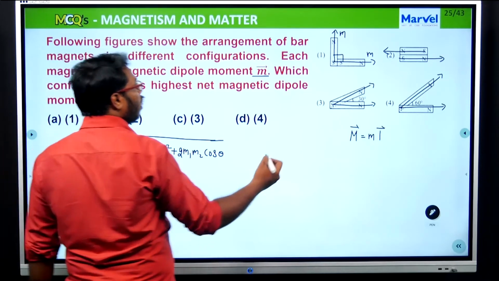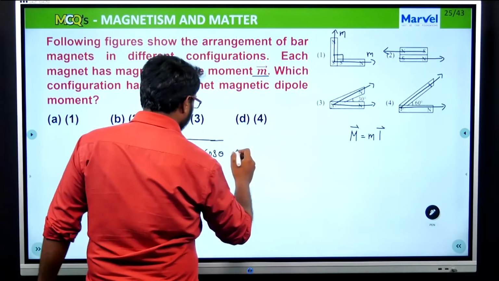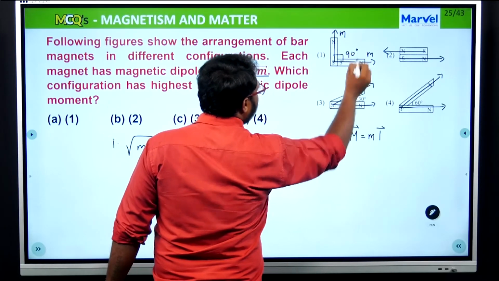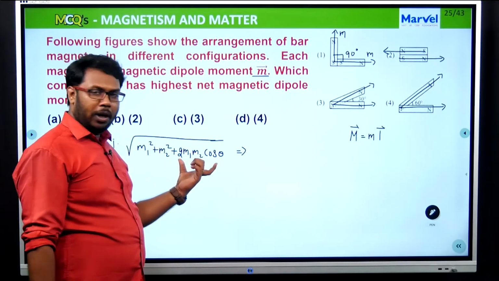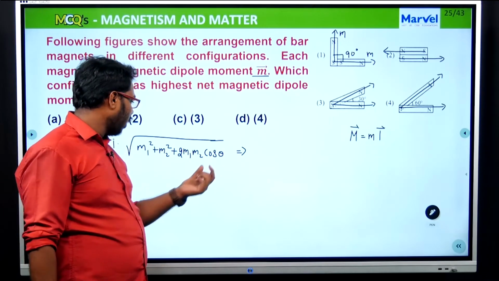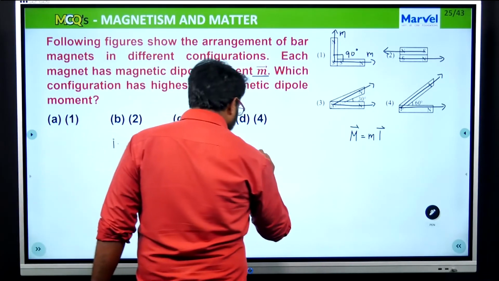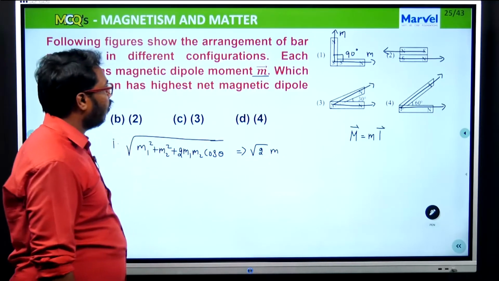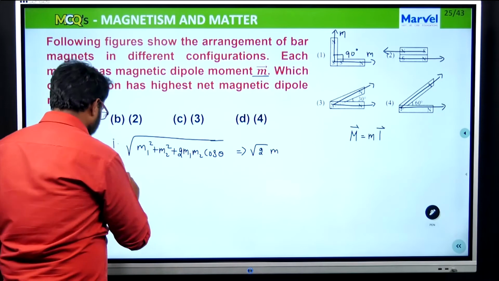Since m1 is equal to m2 and the angle between them is 90 degrees, the third term completely goes to 0 because cos 90 is 0. All we are left with is root 2 times m.